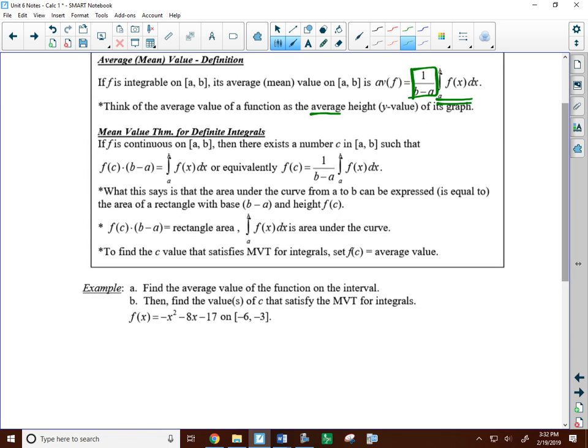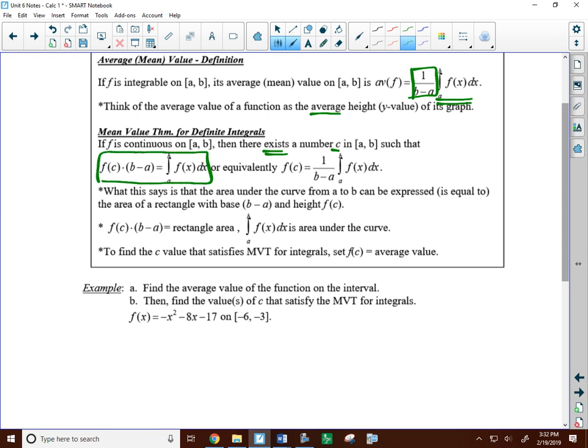Now the mean value theorem for definite integrals, or just for integrals, is this. Continuous on a closed interval, as normal. If so, like the MVT for derivatives said, if you have a continuous function on a closed interval, there is at least one, it's guaranteed at least one number, at least one spot where the AROC equals the IROC. This one says if you have a continuous function on a closed interval, then there exists at least a number c, at least one c value in that interval, such that this is true.